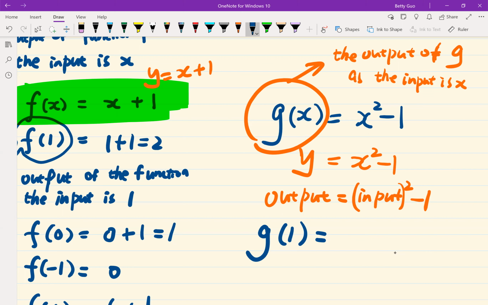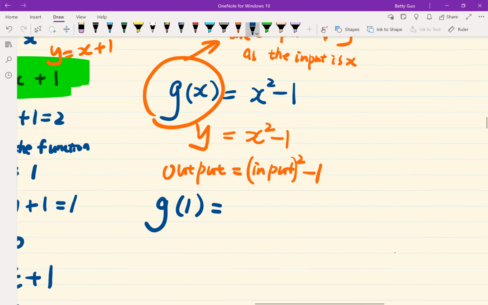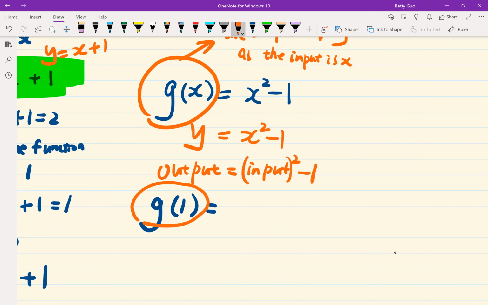If we know g of x is the output of g as the input is x, then what is g of 1? It means the output as well, right? g of 1 means the output of function g as the input equals what?